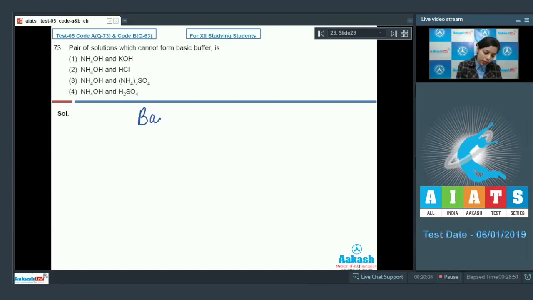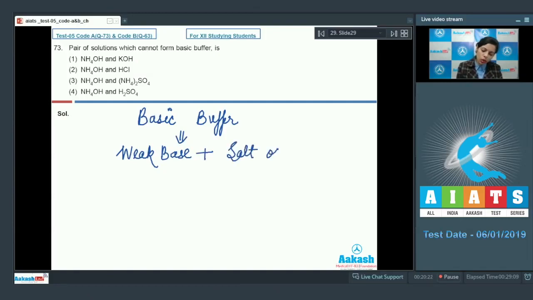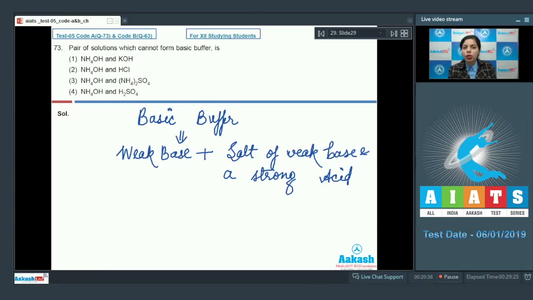If we talk about the basic buffer, this is prepared by mixing a weak base and the salt of that weak base with a strong acid. Now in this question, you just have to find out that pair of solutions which cannot form basic buffer.